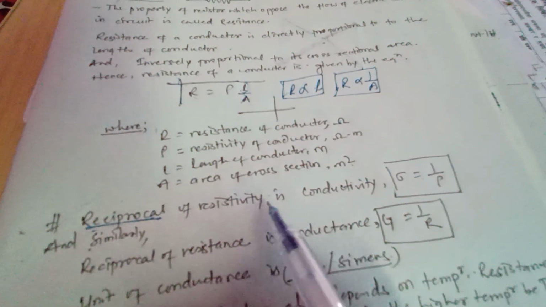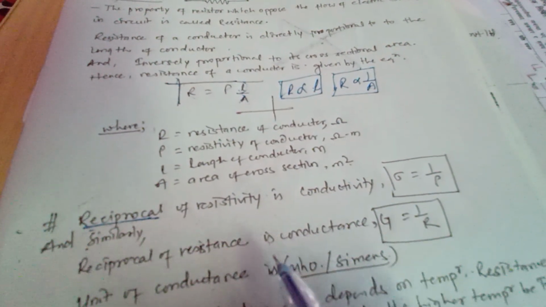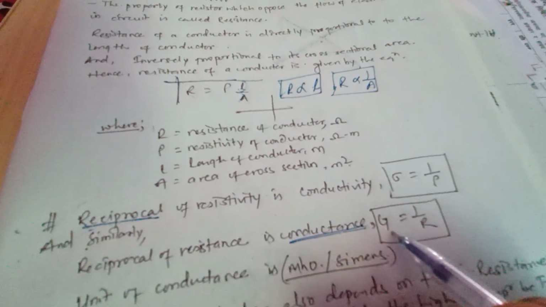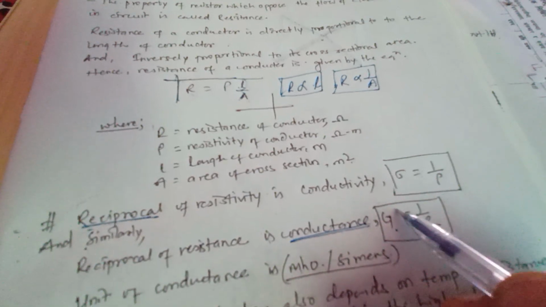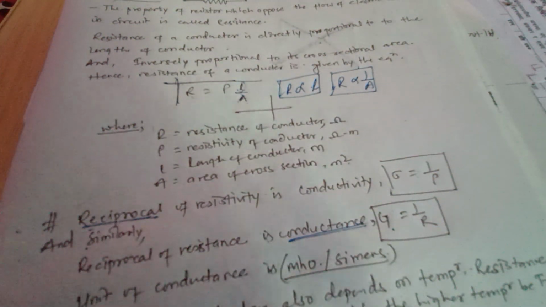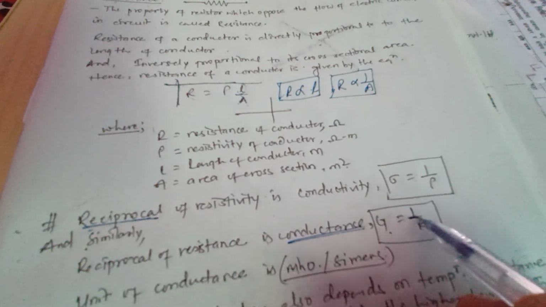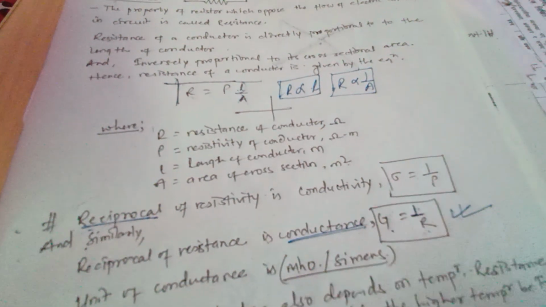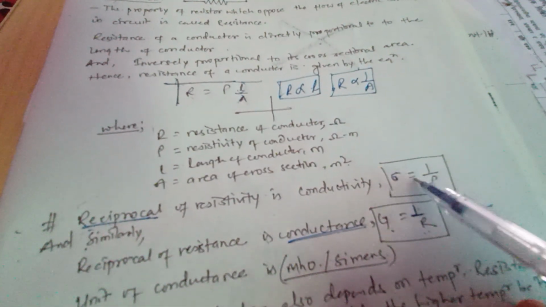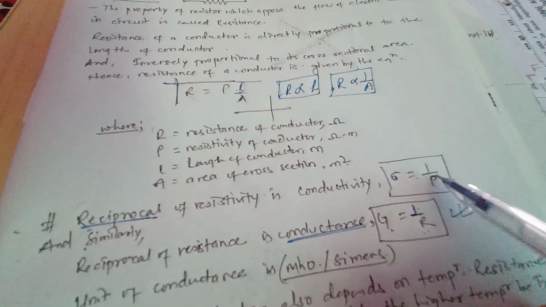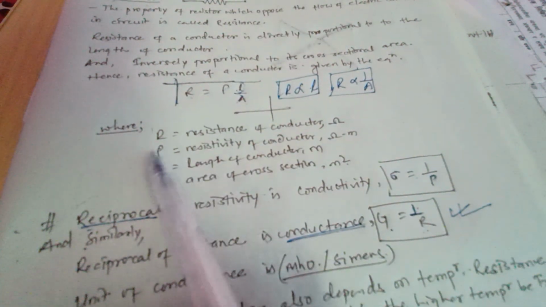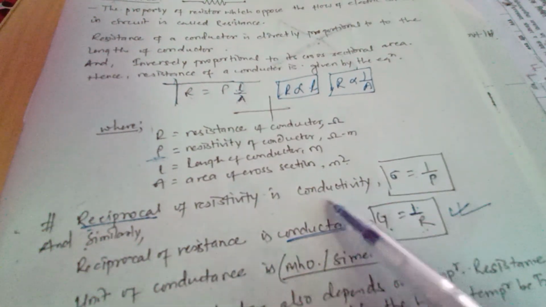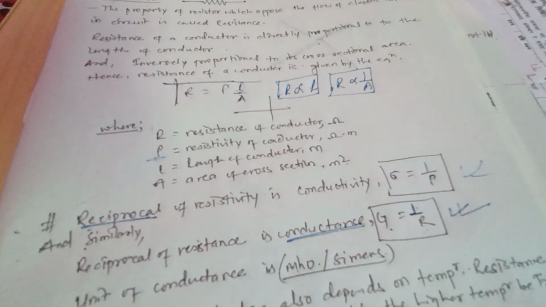The reciprocal of resistance is conductance, which is denoted by G. G equals 1 upon R. And conductivity is equal to 1 upon resistivity; rho is called resistivity, and 1 upon rho is conductivity. Understood?